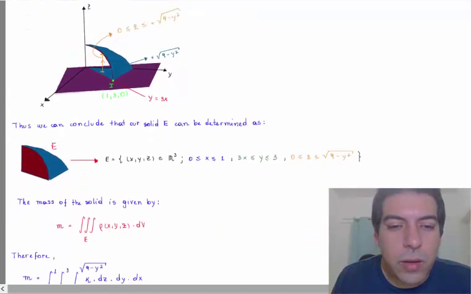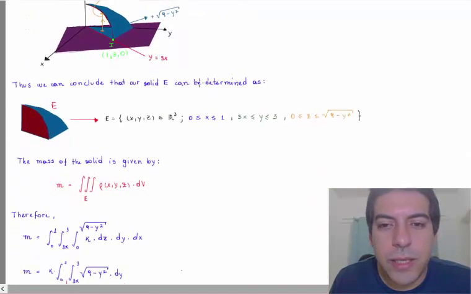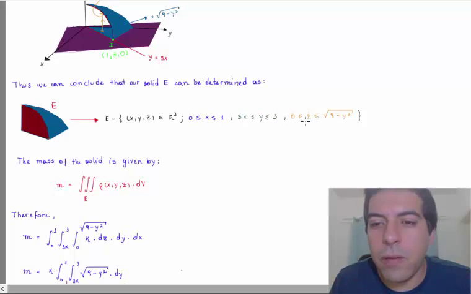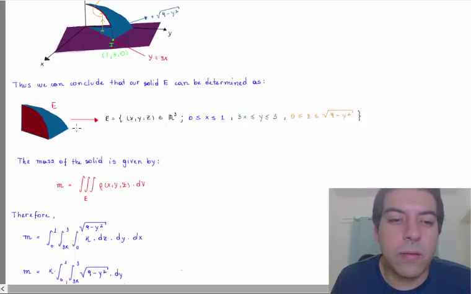Thus, we can conclude that our solid E can be described as E equals all the points x, y, and z in R3 such that x varies from 0 to 1, y varies from 3x to 3, and z varies from 0 to square root of 9 minus y squared.